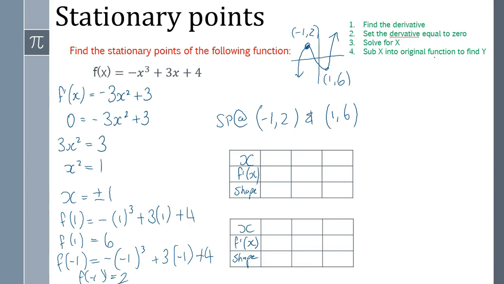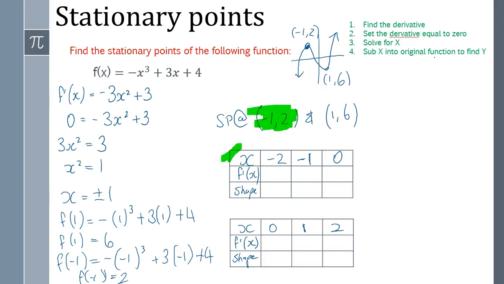In my first point, I've got -1, and I'm going to go 1 either side, so -2 and 0. And for my other one, I'm going to put my 1 in there and go 1 either side as well. And let's find out what type it is.